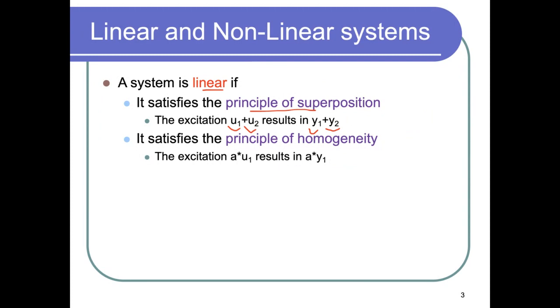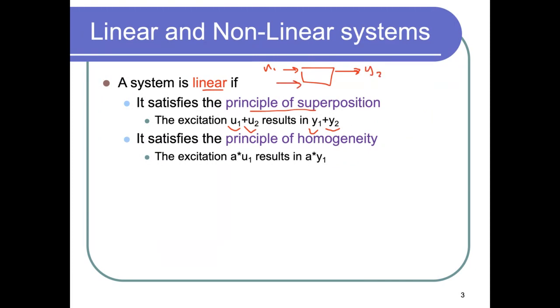So this means that if I have a system and I give it U1 and it gives me Y1, okay, this is separate from Y2 and U2.